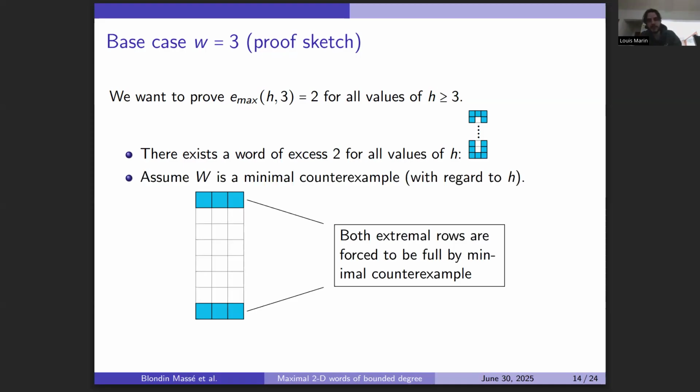Then we know that both the extremal rows are forced to be full by minimal counterexample, because otherwise, if let's say the top row is not full, then that means that the top row contributes none or negatively to the excess, which means that if you strip your word of the top row, you would also have a minimal counterexample, so that means that the earlier example would not be a minimal counterexample. So this means that both of those rows are forced to be full.